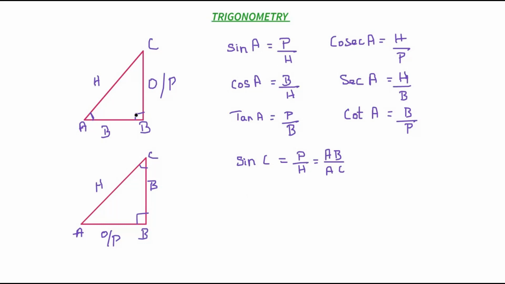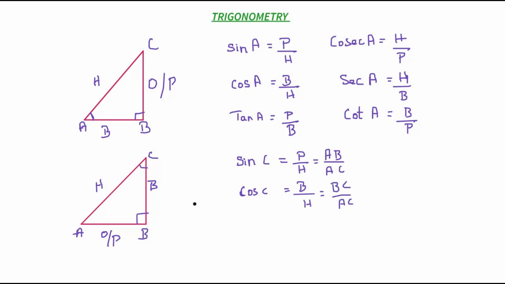Here I have not written the side because you understood for the first time. Now to compare, I am writing the sides. So writing the sides is not necessary. It is only for your understanding. Same way now, what is cos C? Cos C is the same formula, base by hypotenuse. So here what is our base? BC. So it is BC by AC. Easy.